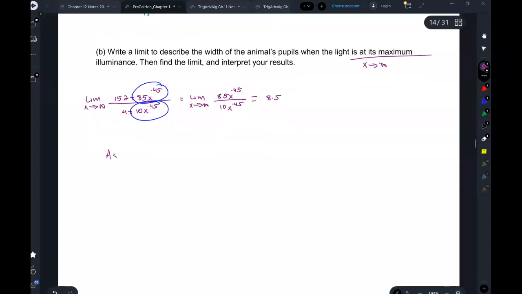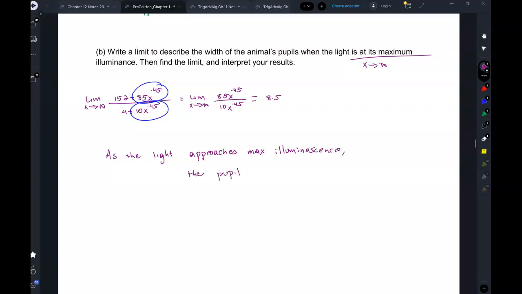So as the light approaches maximum illuminescence, the pupils will approach a diameter of 8.5 millimeters.